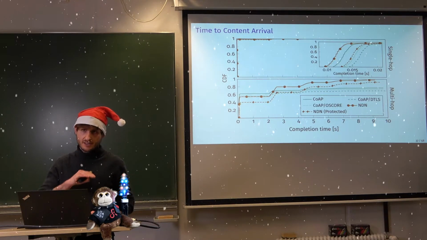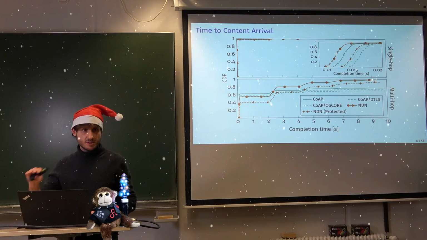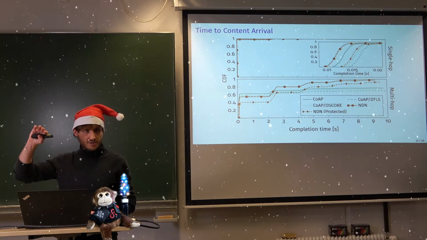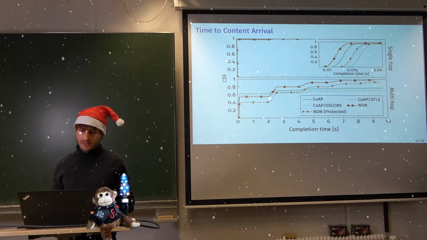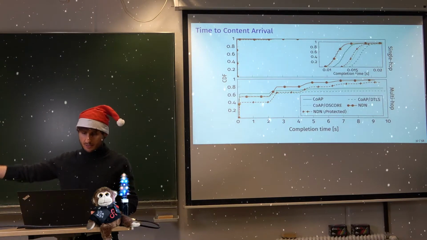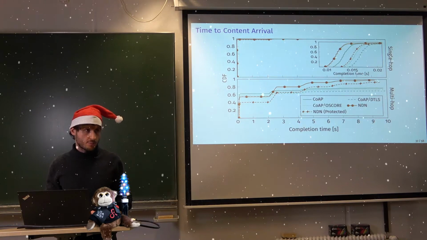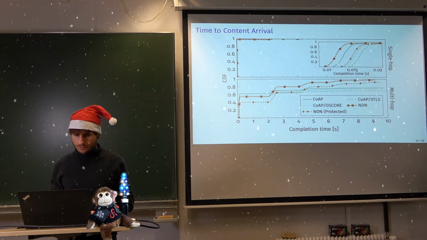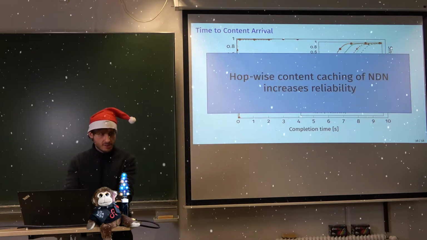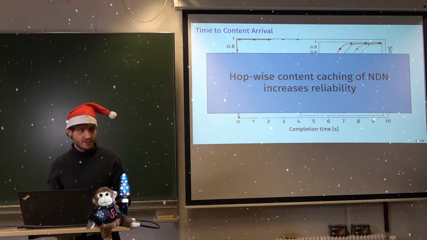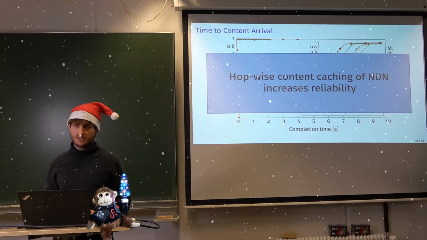But we see that NDN is able, after a certain time, to recover lost packets using hop-by-hop retransmissions, so that it actually achieves, if you look at the 10-second mark, a very high success rate of completed requests. So what we saw is that hopwise content caching of NDN increases the reliability of the setup.